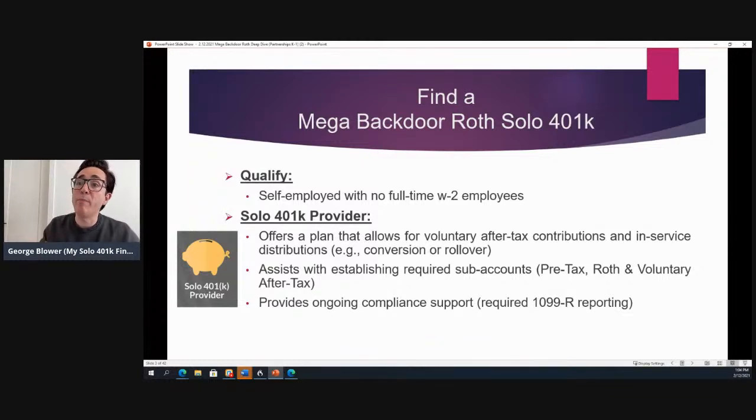But then what happens is you move the money from the voluntary after-tax account to either a Roth IRA or a Roth Solo 401k. So that move is going to be a reportable event. So a 1099-R has to be issued. So you want to make sure that you work with a provider that's going to provide that compliance support and prepare the 1099-R, because many do not do that.